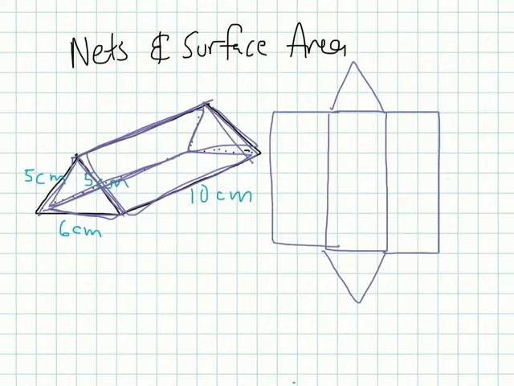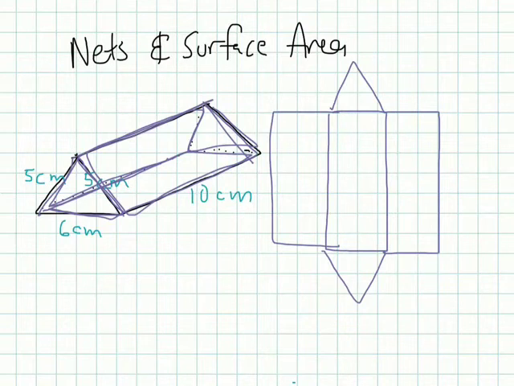Why is this important? When you draw nets out, it really helps you see the surface area a lot more. Surface area is the area of all the outside faces and bases that make up this prism. Now that we have our net, we can see exactly that. In this case, there are 5 shapes, and that makes this a lot easier.